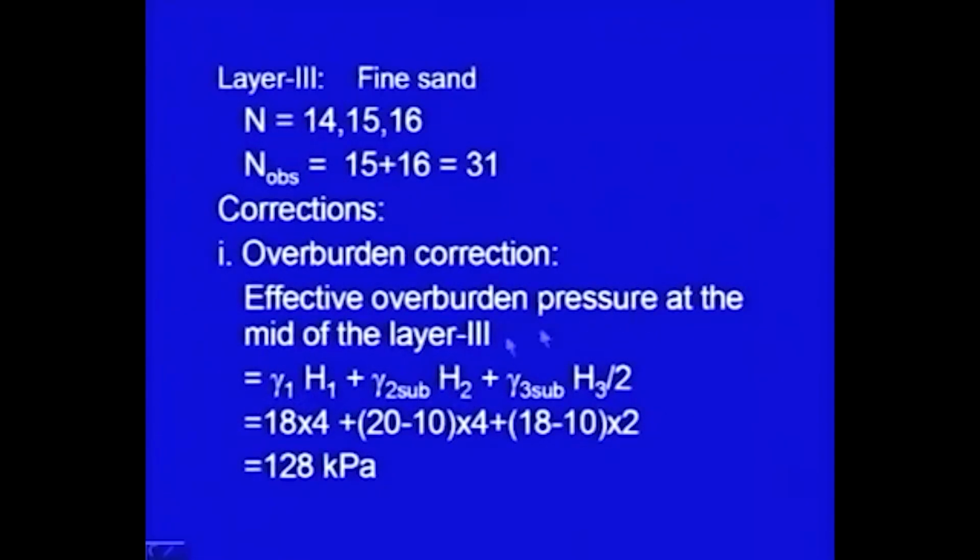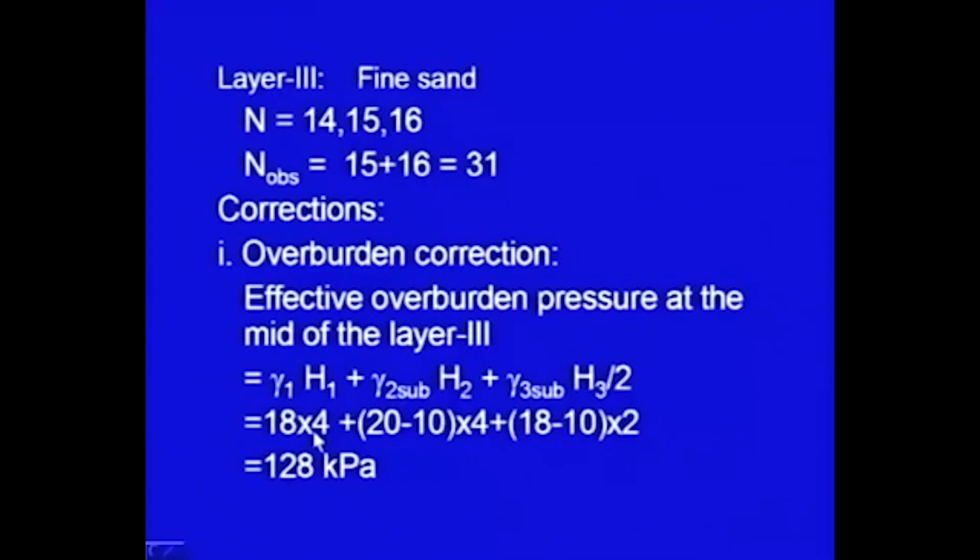So, the effective overburden pressure at the mid of this layer will be gamma 1 H1 plus gamma 2 submerged, because we are talking in terms of effective stresses, into H2, the thickness of the second layer, plus gamma 3 submerged, the submerged unit weight of the third layer, into H3 upon 2, half of the thickness of the third layer.